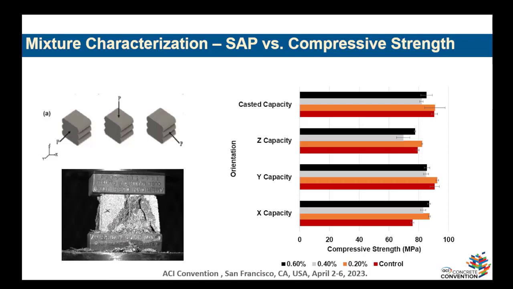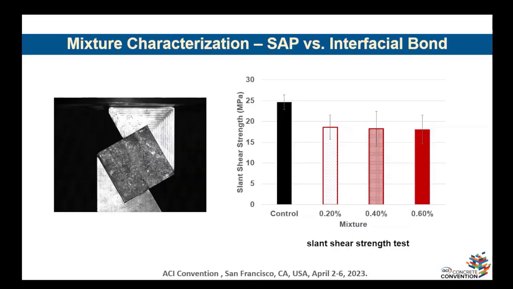But for the rest, for example compressive strength, you will see that the printed concrete goes as high as 75 to 80 megapascal, and that shows how robust our mixture is. So we don't have any problem with that. Also, for shear, we use the slant shear strength to represent the interlayer bonds, and this is actually a very effective method.